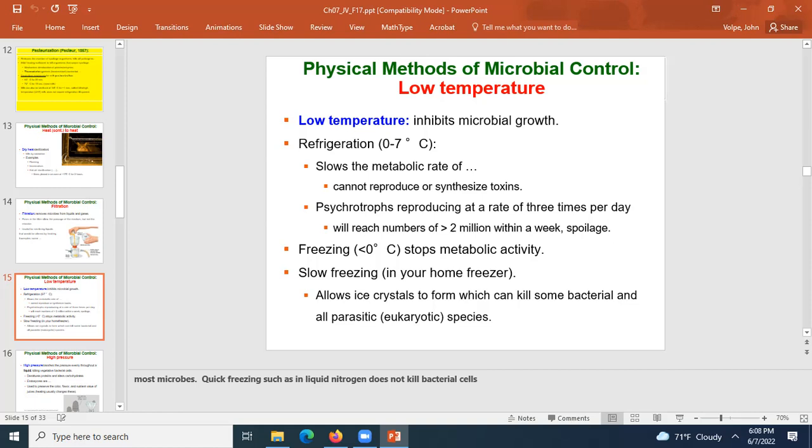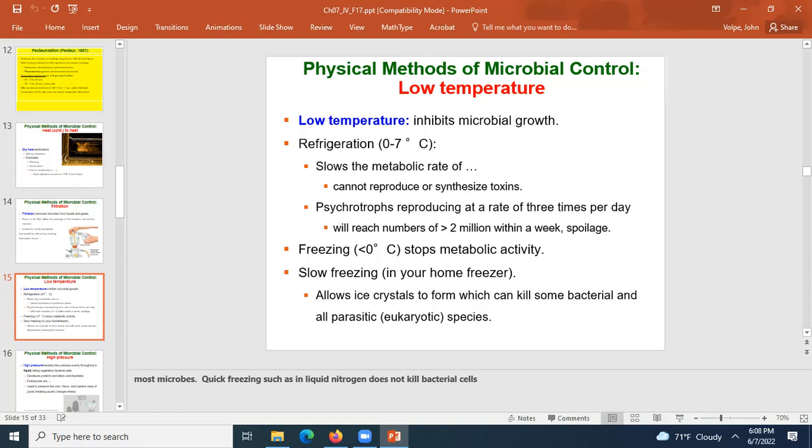But slow freezing does kill all eukaryotic parasites. So any parasitic organism would be killed by slow freezing, and slow freezing is normal freezing in your home freezer.